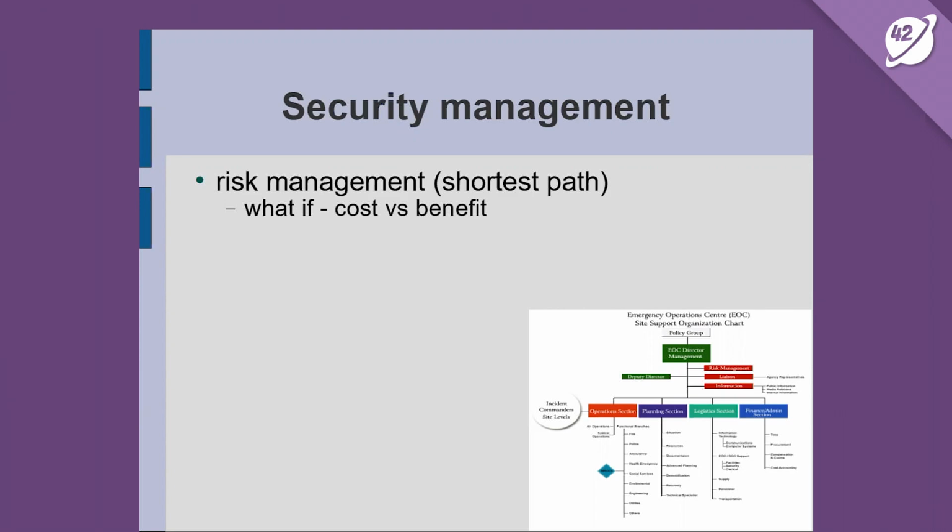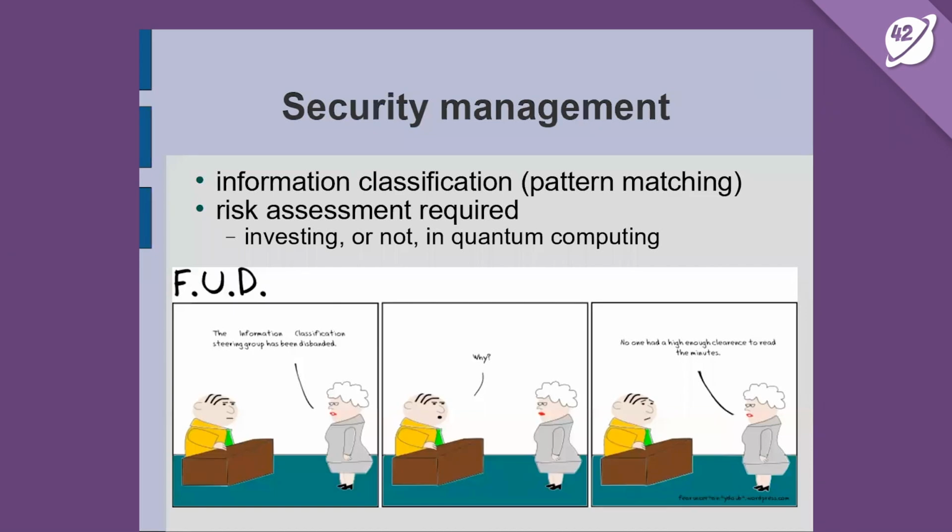So again, it'll sort of be a one-shot bang and you get your answer, which right now is just not possible. Information classification: pattern matching is going to help us there, the pattern matching capabilities of quantum computers.